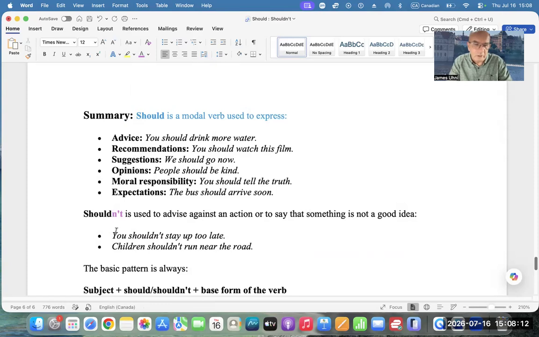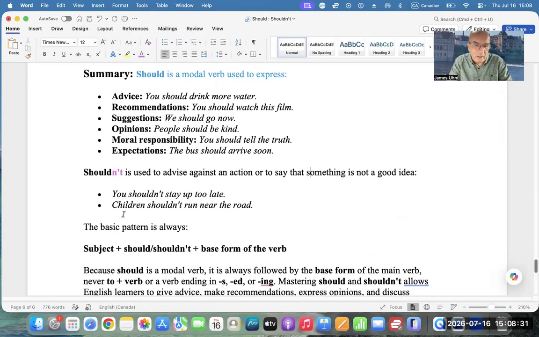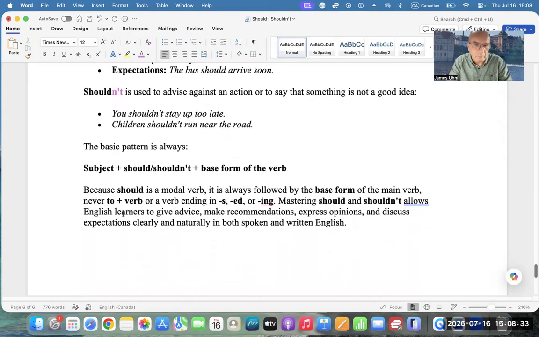You shouldn't cross the road on red light. Watch for the cars. Children shouldn't run near the road. It is not safe. Okay, so even though shouldn't is negative word, it means positive outcome.